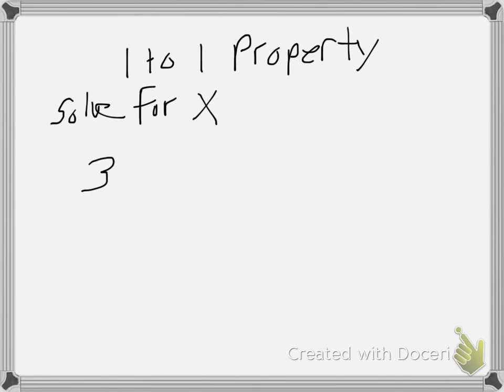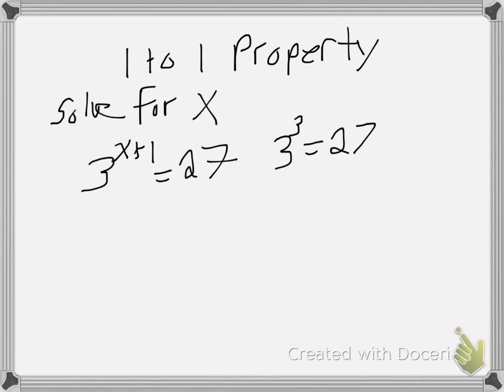So I have 3 to the x plus 1 is equal to 27. Now what the one-to-one property says is if you have the same base, then the exponents have to be equal to each other if the equation is equal to itself. My base here is 3, so I have 3 raised to the x plus 1. My base over here is 27, but I can convert that to base 3 because 3 cubed is the same thing as 27, because 3 times 3 times 3 is 27.